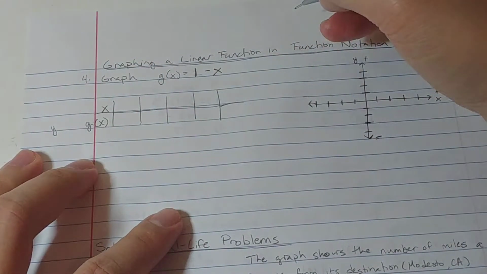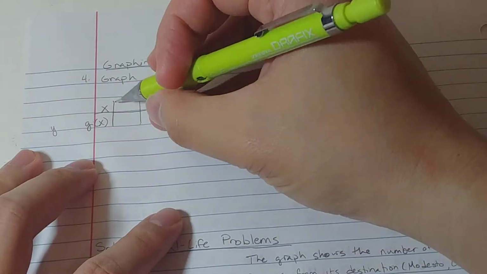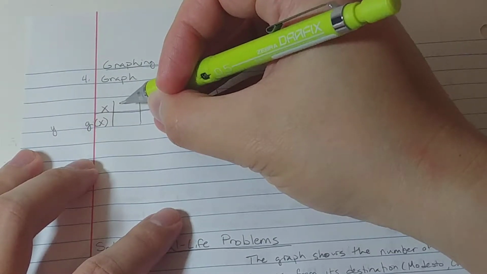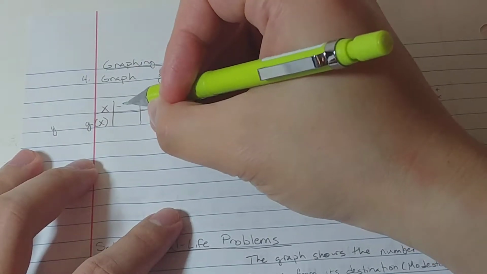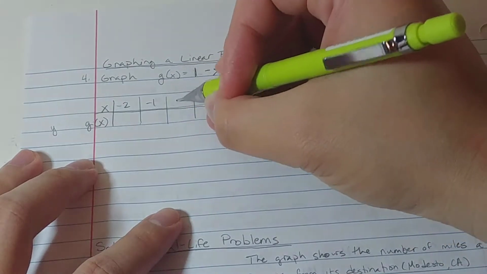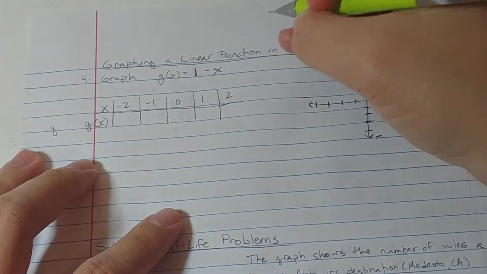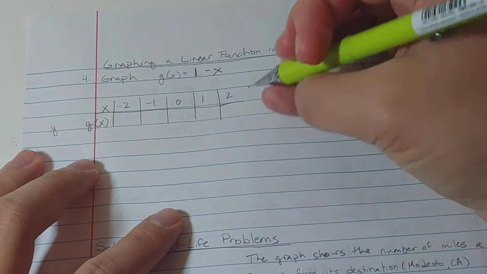So, we have to choose the x values. Okay, and when we do quadratics later on, we're going to do -2, -1, 0, 1, and 2. Alright, at first. So let's do those 5. Now that means we're going to evaluate all of these with that function. So let's do it.